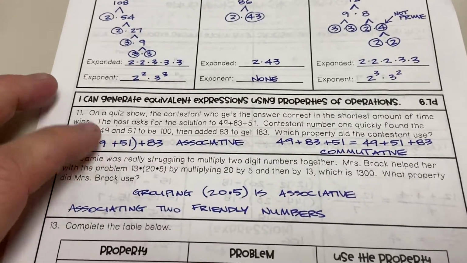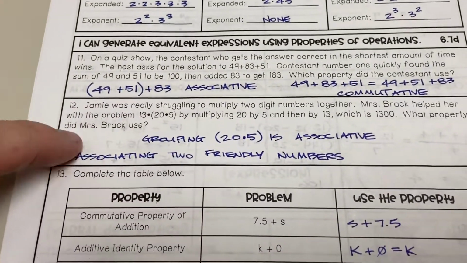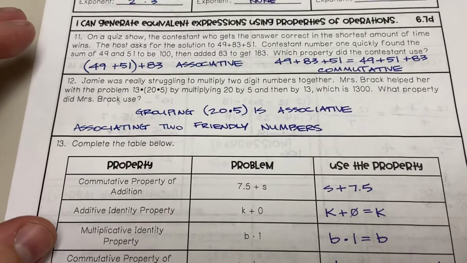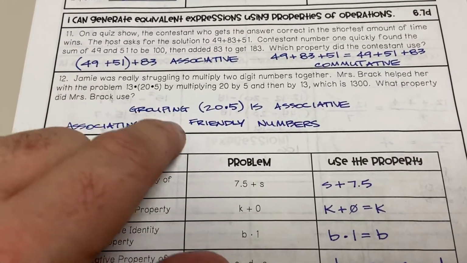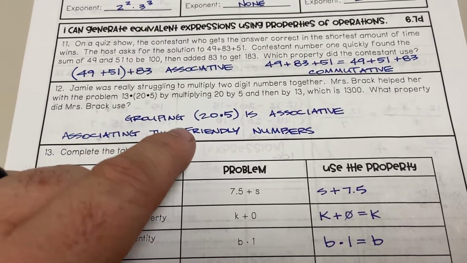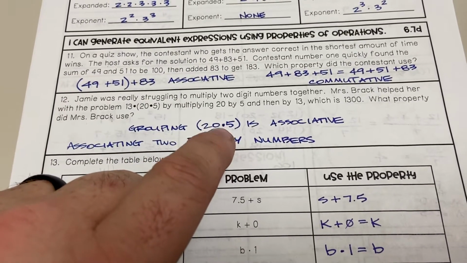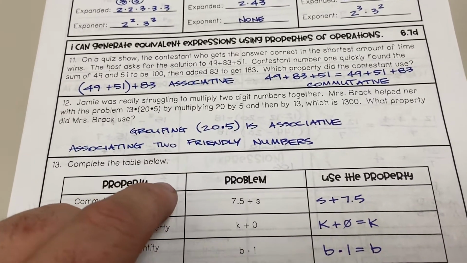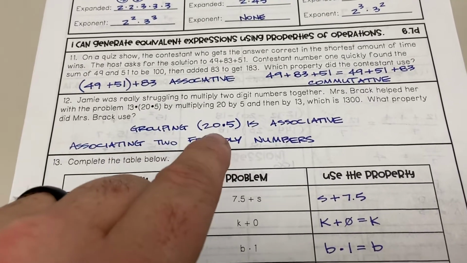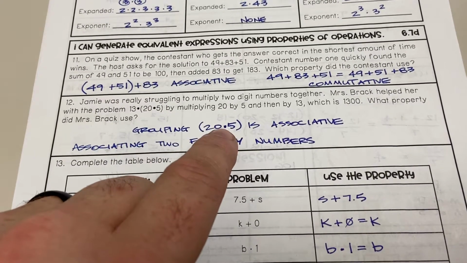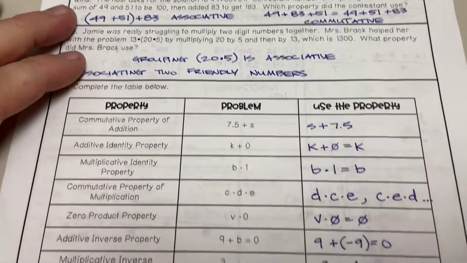So I'll accept either one for number 11. Number 12, though, I think is associative more than commutative because it's talking about how this teacher, Mr. Brack, is helping her by grouping these two together. And when you group something, you associate it. So you're associating two friendly numbers here, 20 times 5, first. So I think that's more associative.